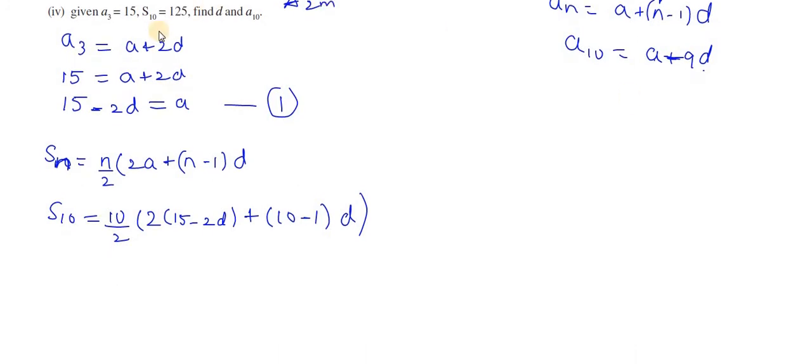We know that they gave S10 is equals to 125, so substitute here: 125 equals 5 into, multiply this, 2 fives are 10, 2 into 15 is 30 minus 2 twos are 4D plus 9D. Is it clear?